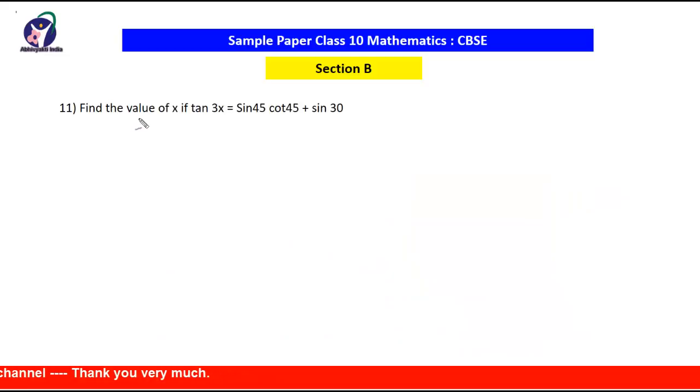Next question is, find the value of x if tan of 3x is equal to sine 45 cot 45 plus sine 30. So here it is given that tan of 3x is equal to sine of 45 cot of 45 plus sine of 30.